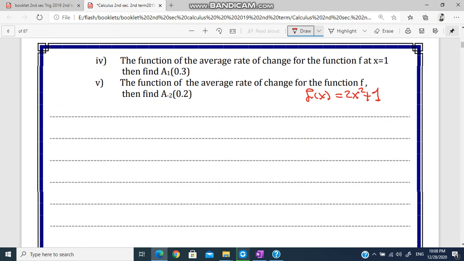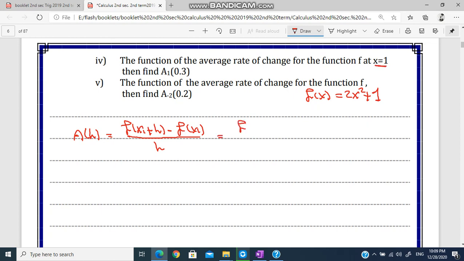Number 4, find the function of the average rate of change, which is A of h. And A of h equals f of x1 plus h minus f of x1 all over h. So the value of x1 is 1. So it will be f of 1 plus h minus f of 1 all over h.